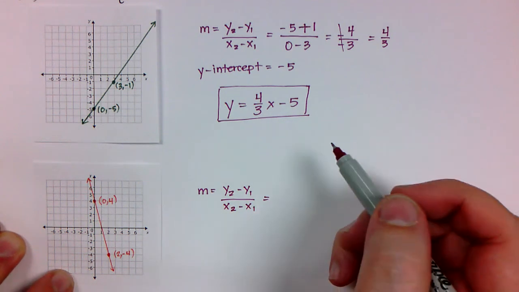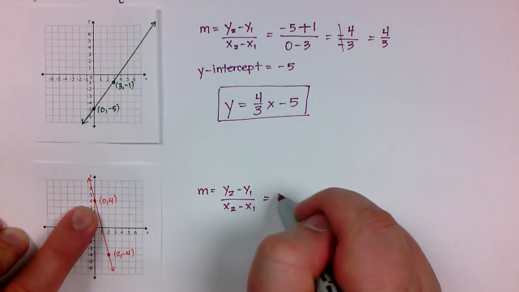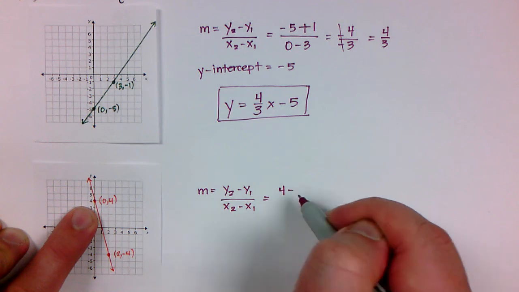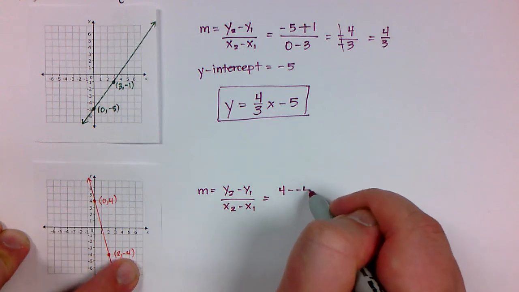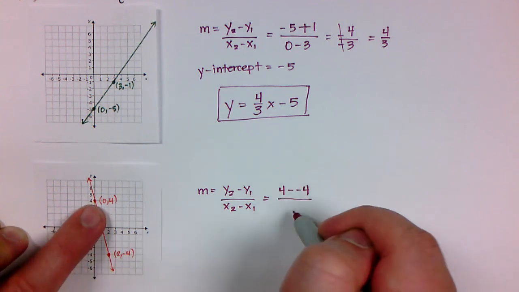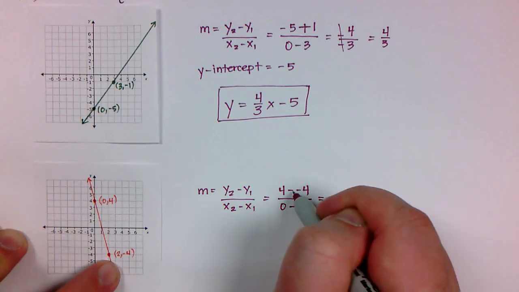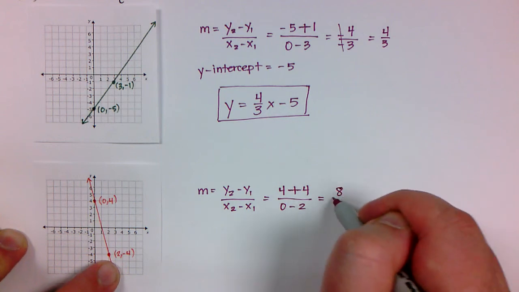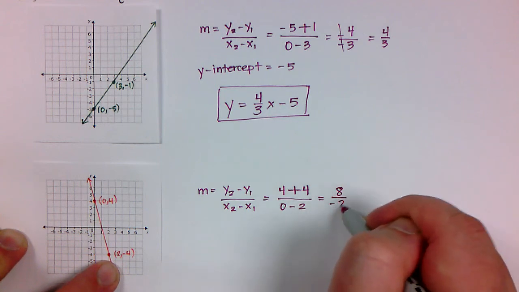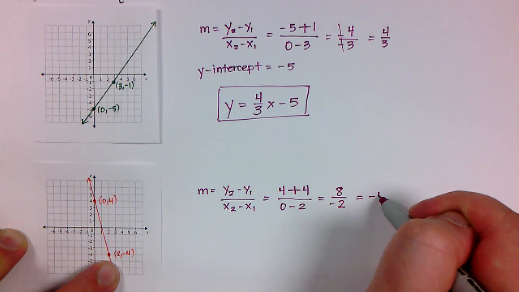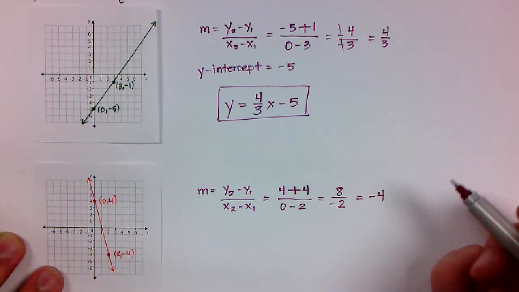I'm going to start with maybe the top one this time. So 4 minus -4 all over 0 minus 2. 4 minus -4 is the same as 4 plus 4. So I have 8 on the top, and 0 minus 2 is -2. When I divide those, I get -4 for my slope.